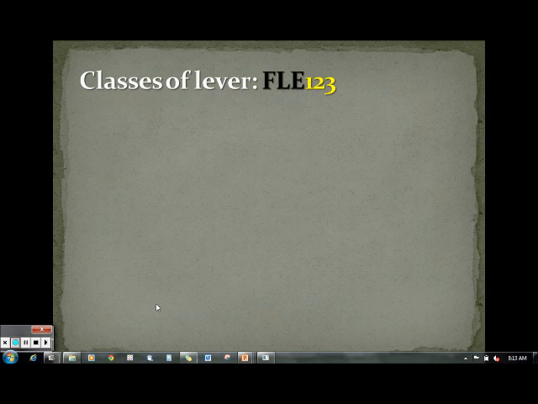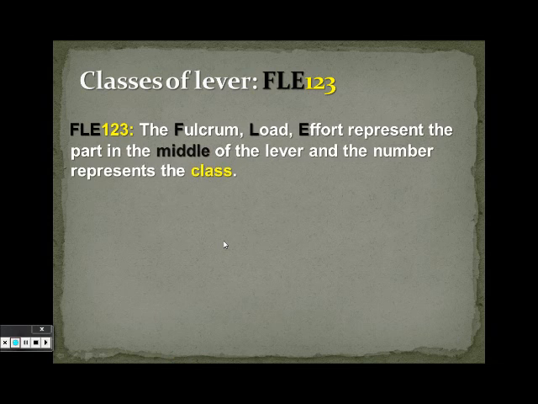All right, so we have our FLE 1, 2, 3. F, L, and E stand for fulcrum, load, and effort, whereas 1, 2, 3 obviously stand for our three classes. So they match up in this order.